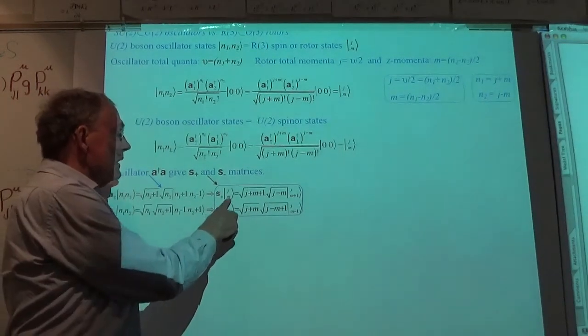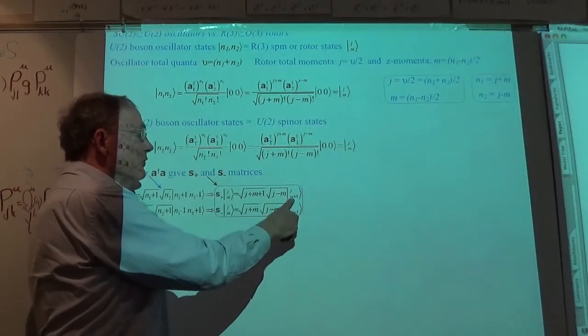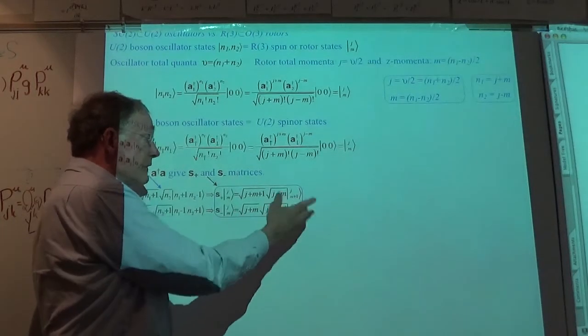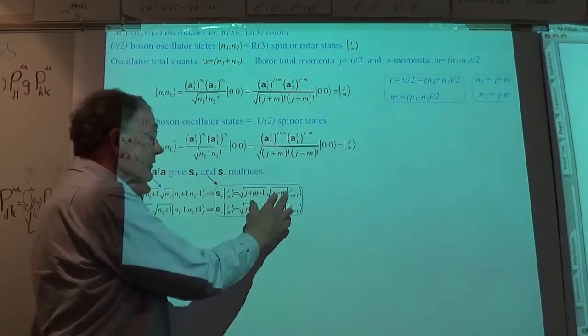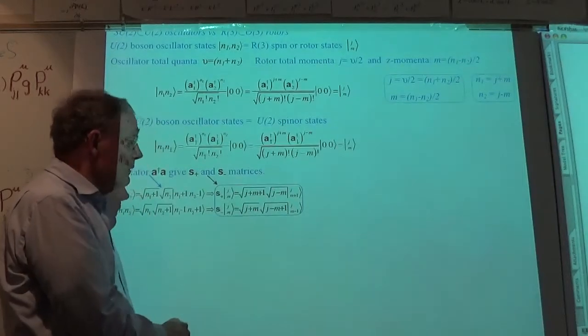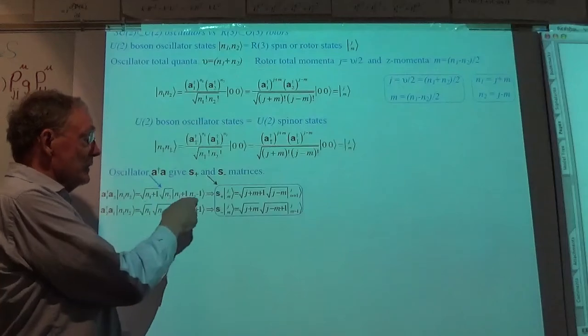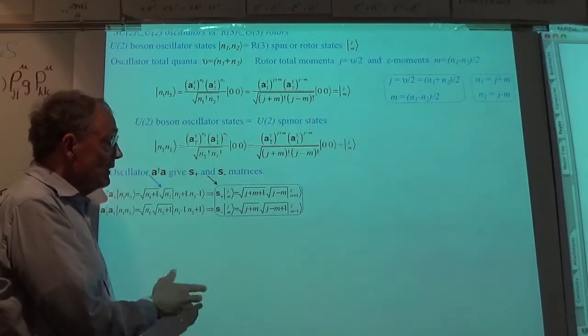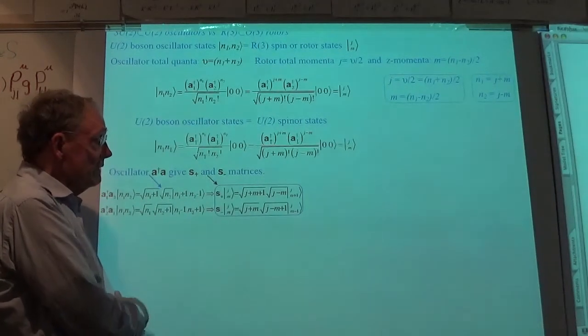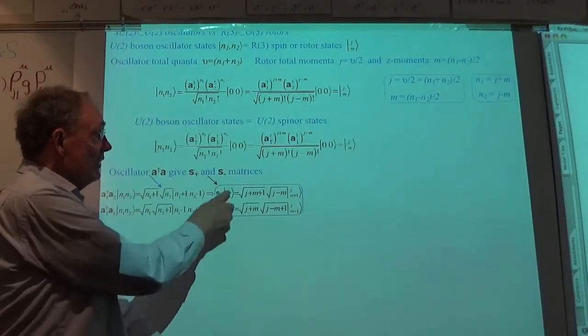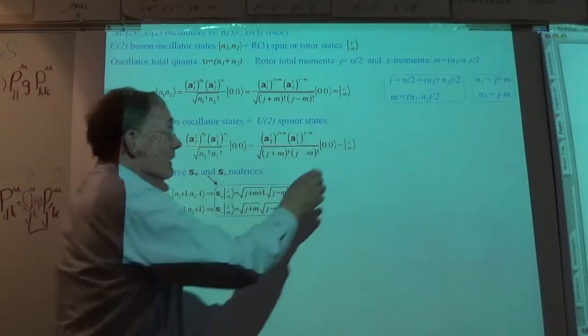So here's S plus acting on JM and giving me JM plus 1. If it can. If it can't, because it goes to 0, then so be it. But we have the same situation over here. We can't go outside of our N plus 1, which is the J here, divided by 2.